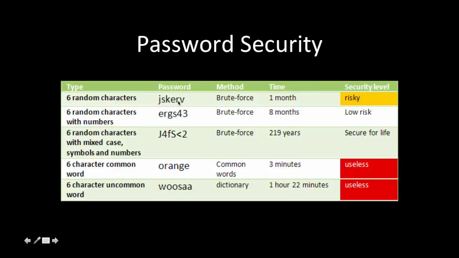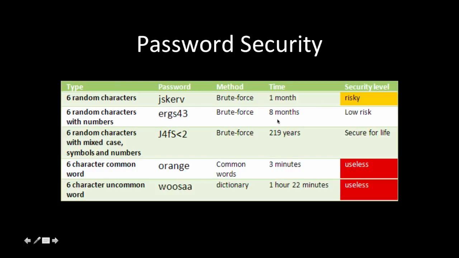If you're just picking 6 random characters, a common words attack or a dictionary attack won't work. But brute force mechanism would work, and it would take about a month to break the password. That's pretty risky. A dedicated attacker would let some code run for a month. If you pick 6 random characters with numbers and you do a brute force attack, it takes 8 months.